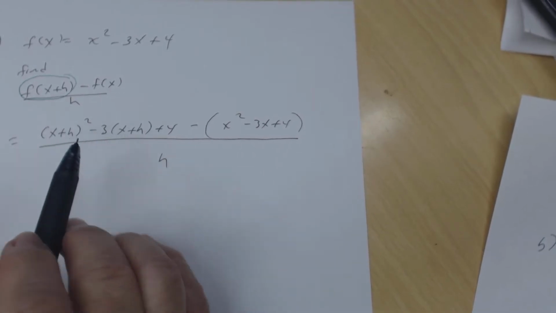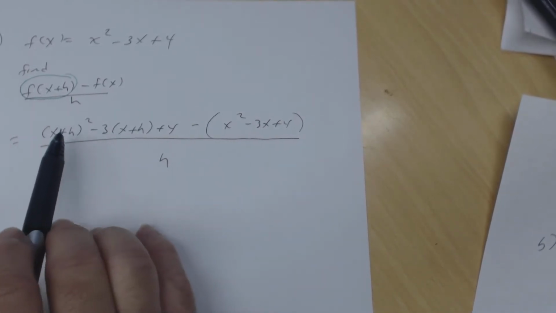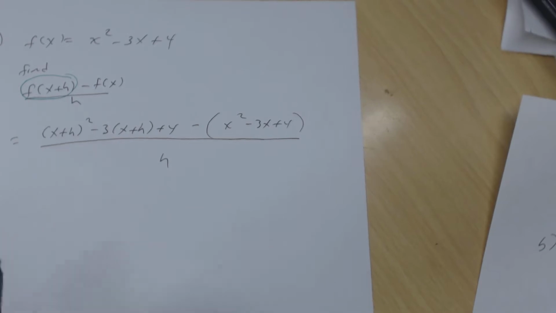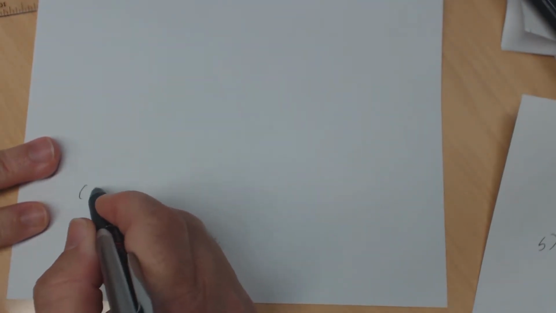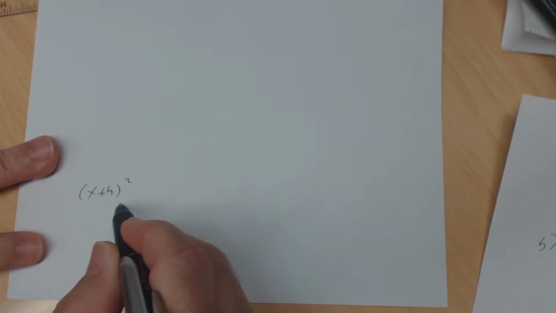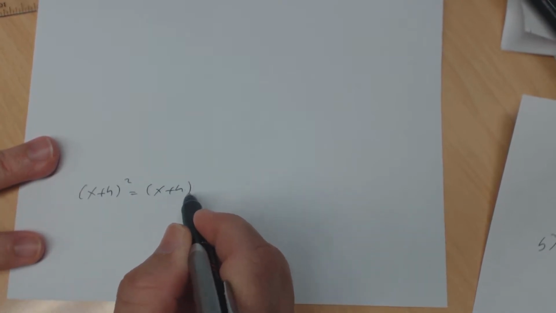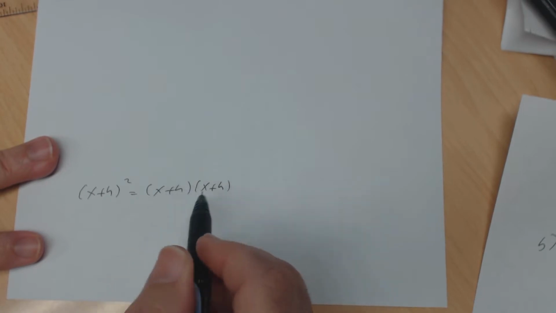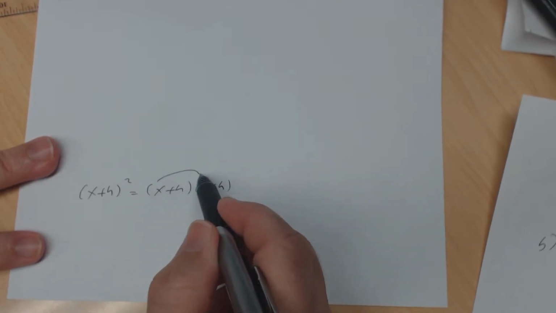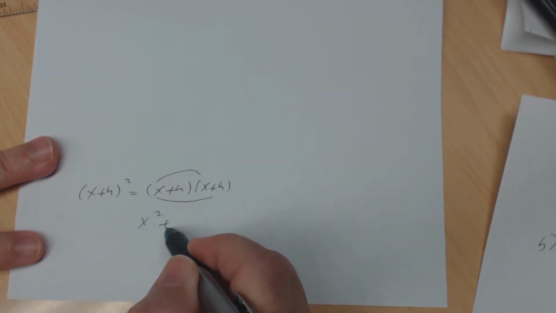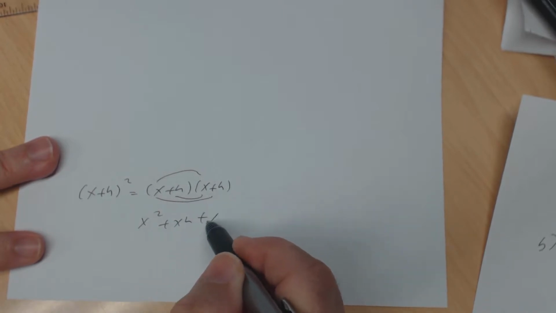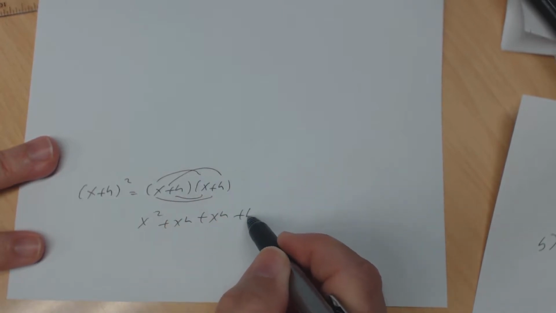So remember in a previous lesson when we squared x plus h? Go off right here and do it. Remember what that is? That means x plus h times x plus h. If I use the FOIL method, I'm multiplying two binomials. I'm going to get x squared plus xh plus another xh plus h squared.